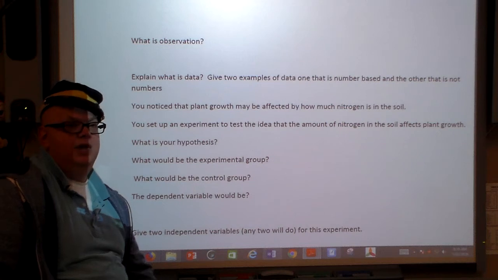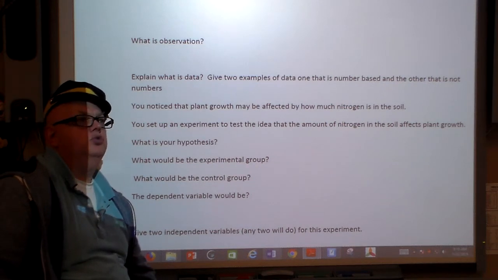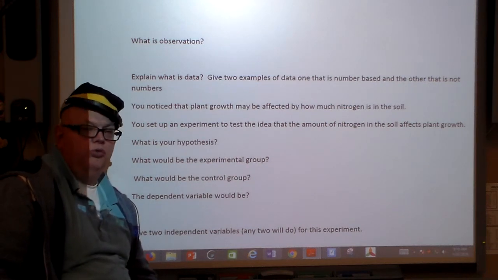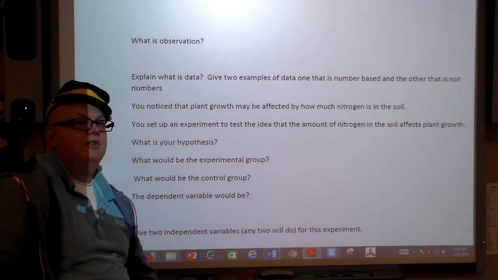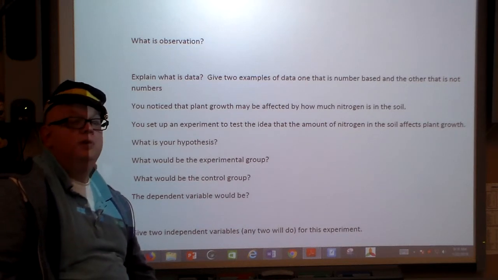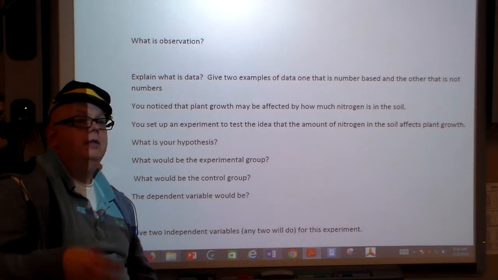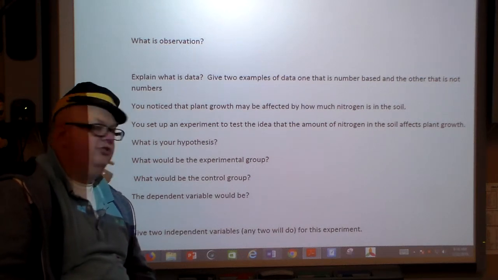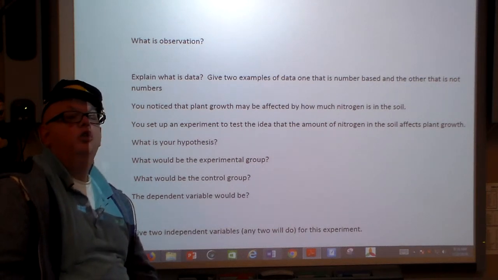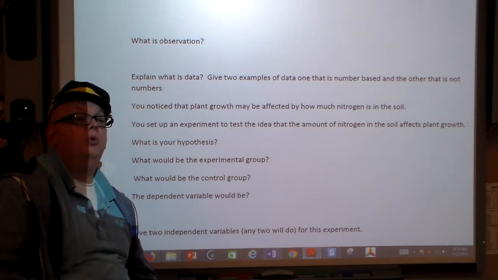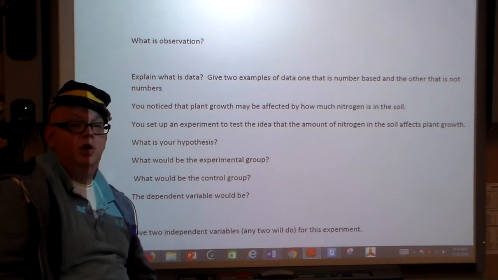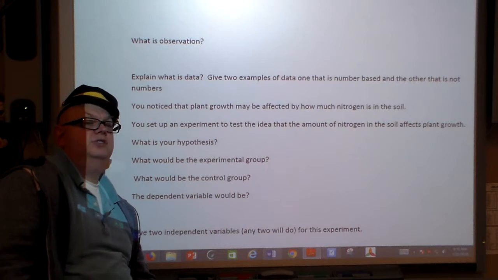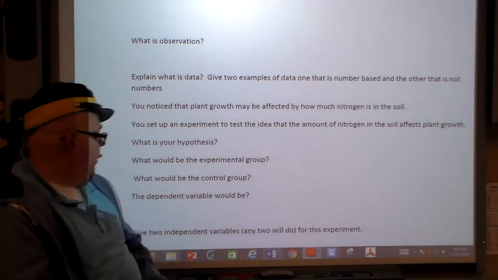The hypothesis is acid is going to lower the growth of plants. So you have a control. The control group is the soil of the plant that you're growing, where you're not adding acid. Your experimental group is the one where you're adding the acid to find out if it affects the growth of the plant.